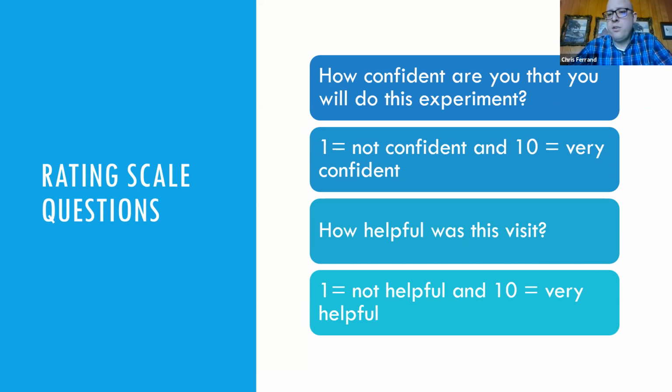How helpful was this visit? Sometimes people will give you the socially appropriate answer, but other times they'll tell you, that was a 4. That tells you something about the therapeutic alliance. That tells you something about whether you shot and hit a swoosh or a brick. So I asked the question at the end to rate how helpful the visit was.